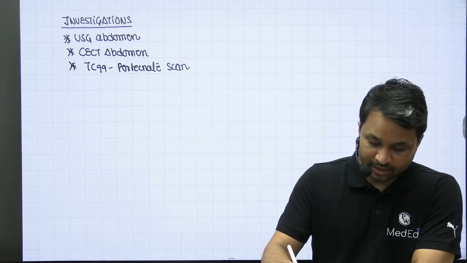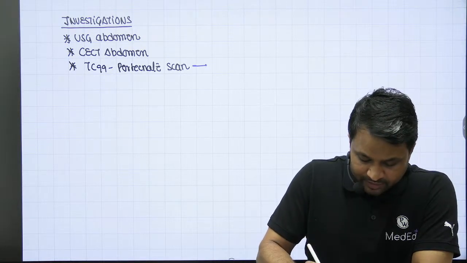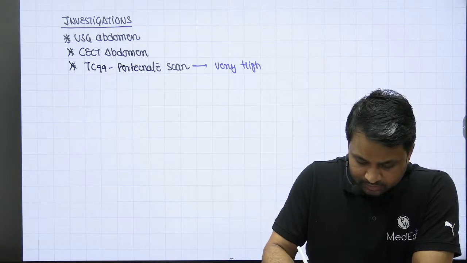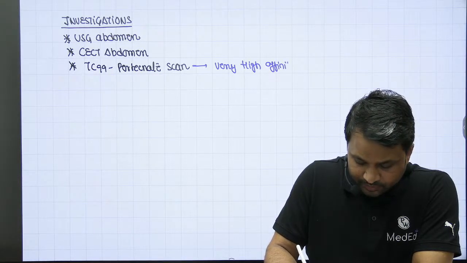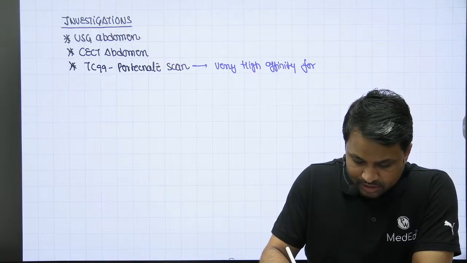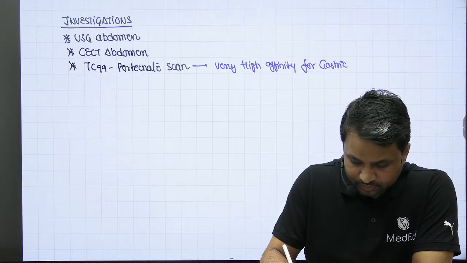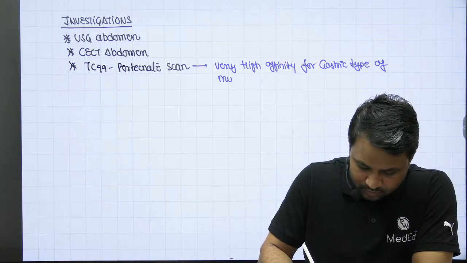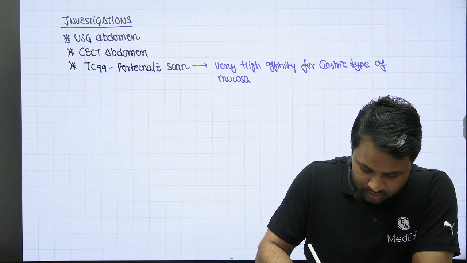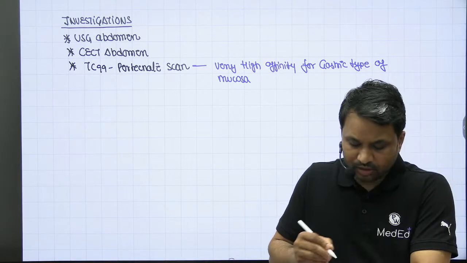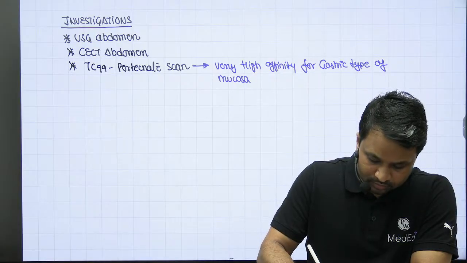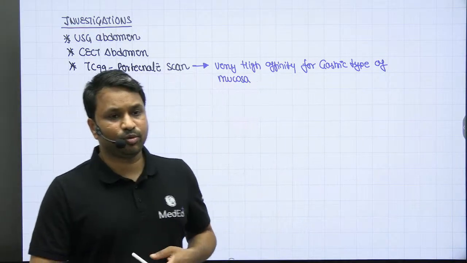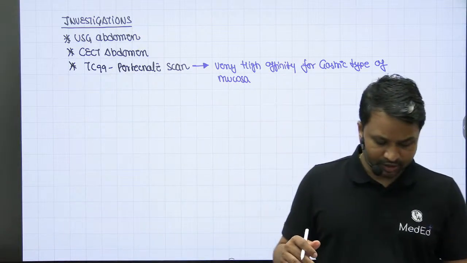Technetium 99 has a very high affinity for gastric type of mucosa. Hence, you'll be able to see Meckel's diverticulum.